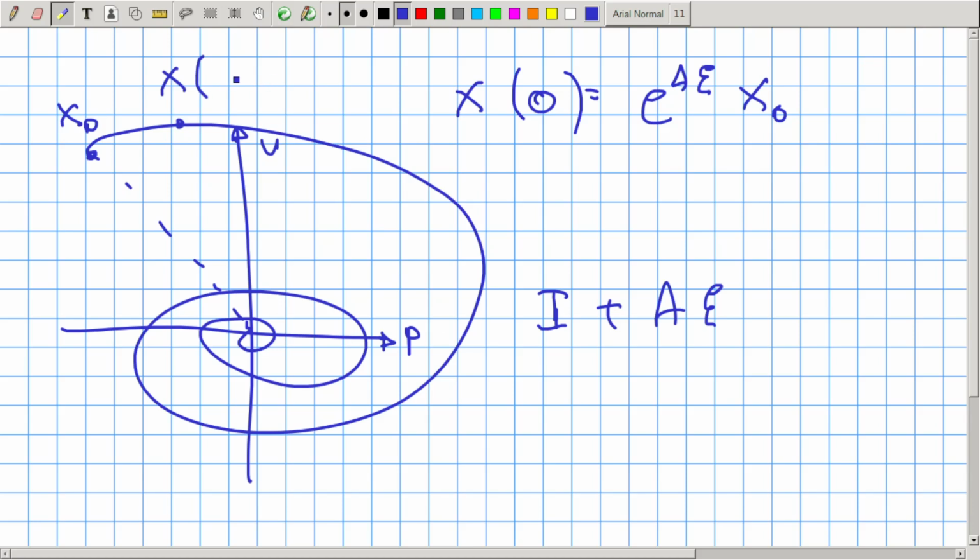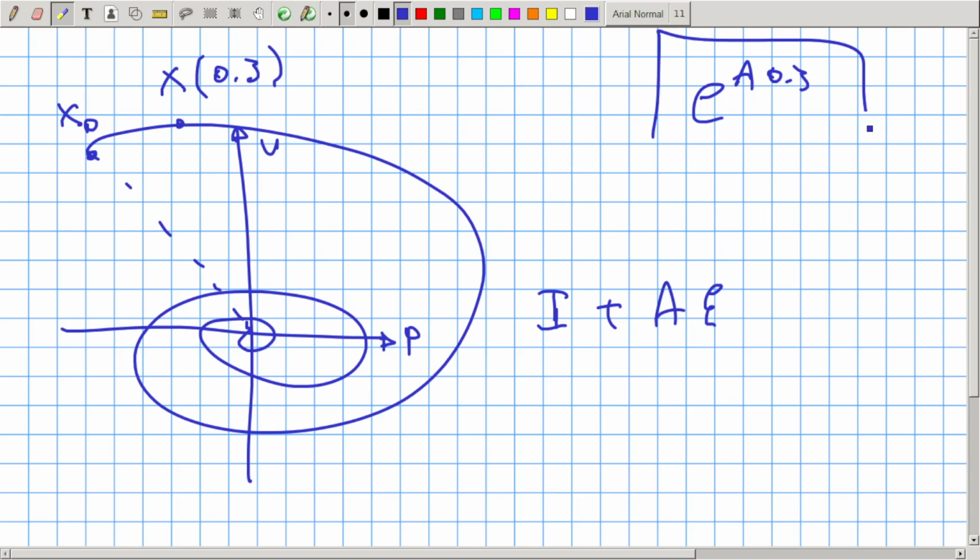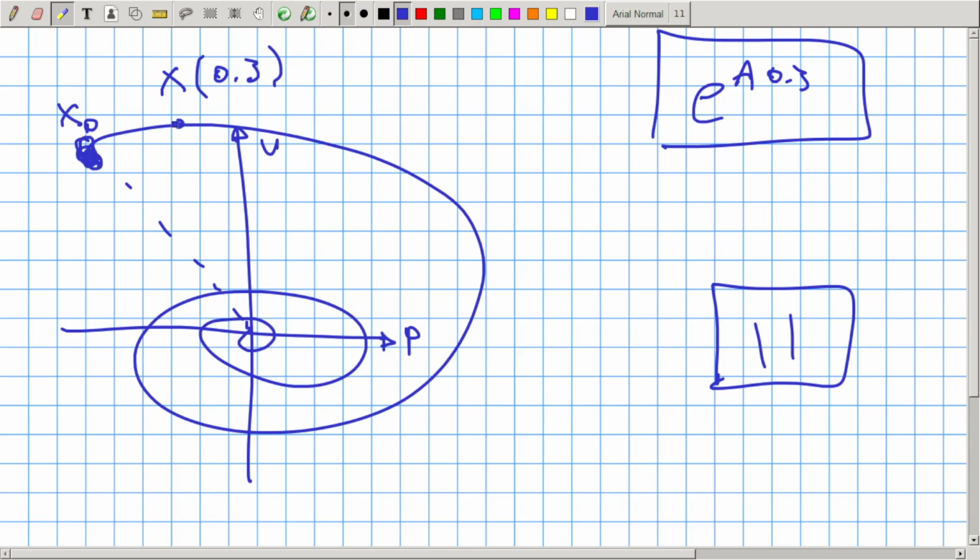Let's say that this is x of 0.3 seconds. How does e^(A·0.3 seconds) have to be? This one has to be a matrix such that, starting from this point, it maps this point into this point.